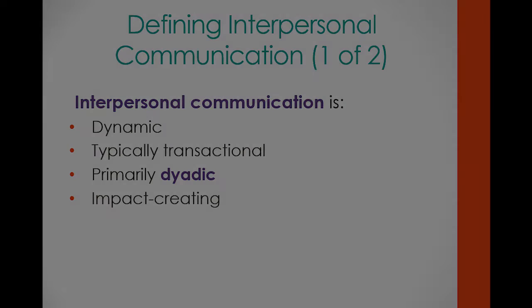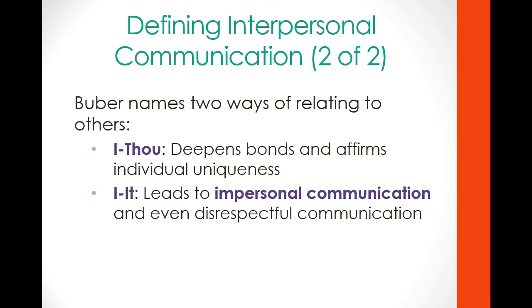Furthermore, interpersonal communication takes two forms, the I-thou and I-it. I-thou communication is going to refer to ways of relating that forge meaningful bonds that help bridge the distance between ourselves and others. We can make the distance seem thinner through our communication.